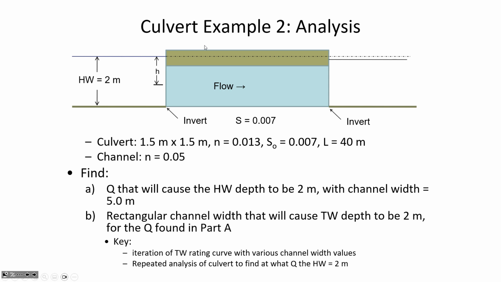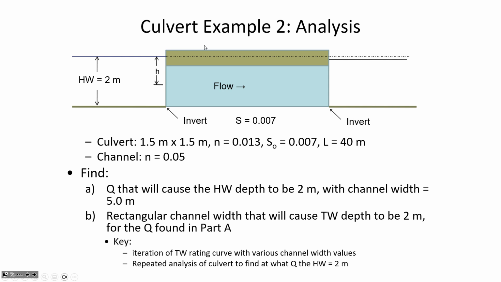We have to put something into the program because the program's going to be on the lookout for overtopping. In neither of these parts is there overtopping. So we could make the roadway elevation like 2,000 meters. It doesn't matter. We have to put something in, but we want it to be more than where we're going to drive the headwater up to, 2 meters.